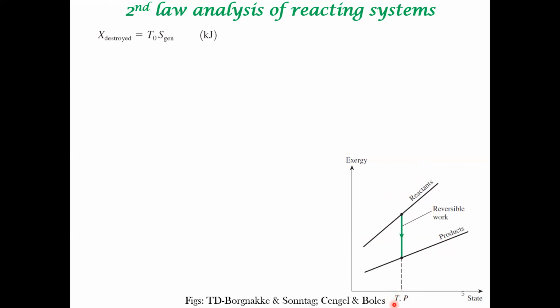That's one way of undertaking the chemical reaction. So the potential of relevance at constant temperature and pressure gives free energy. We'll see why that's going to be important. The exergy decreases when you go from reactants to products.